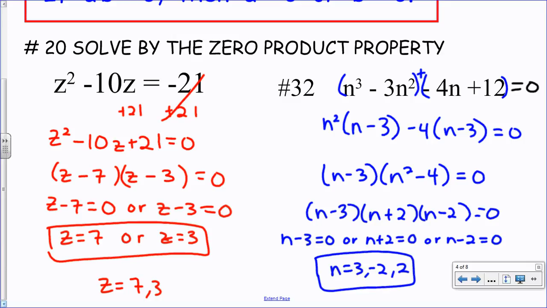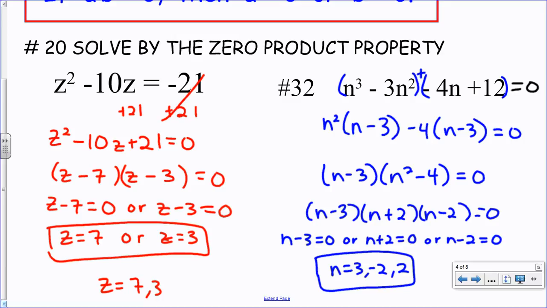So what was the degree of this polynomial? 3. So the degree is the highest exponent. How many solutions did we have? 3. What was the degree of this? How many solutions did we have? 2. So the degree tells you the number of solutions. Now they're not always going to be real solutions.